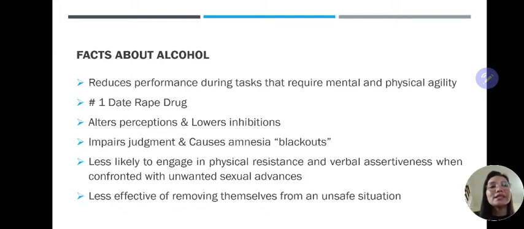usually those who become victims of rape and sexual advances are the female population. So, when they take in alcohol exceeding their tolerance level, their mental ability and physical agility are reduced as well. So, alcohol intake is considered the number one date rape drug.